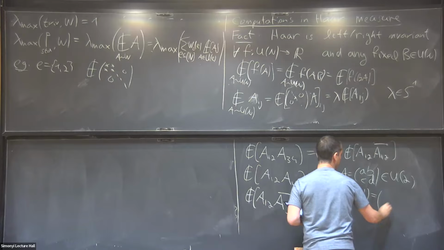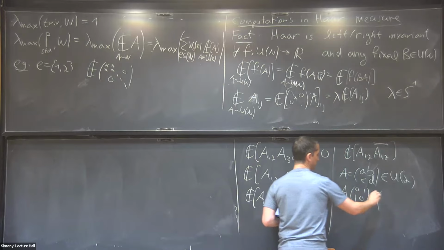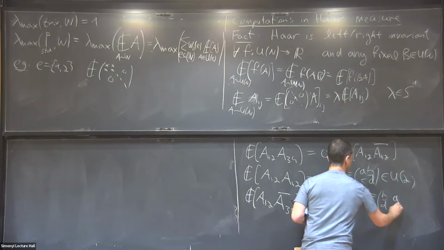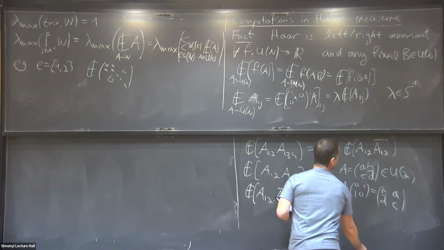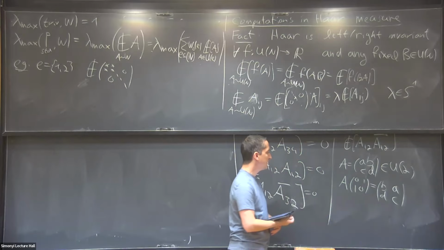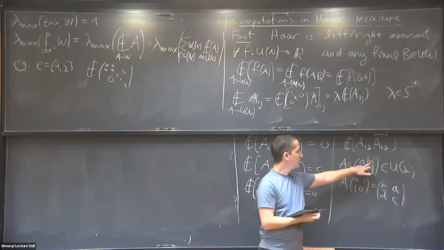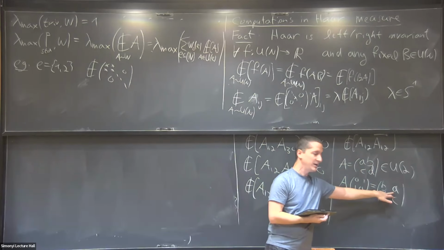I get B D. Again, this is something I can do by multiplying by a fixed element, so the expected value of BB inverse is the same as that of AA inverse.